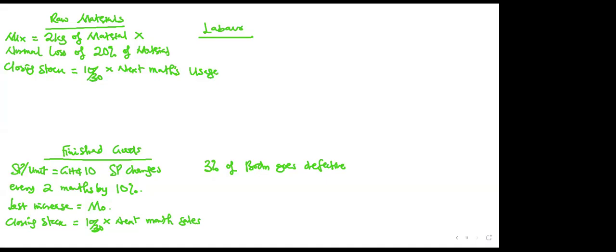That means the material we will use next month, we have to leave what will cover 10 days for this month as closing stock. They are telling you that the materials that we need, we should keep 10 days of next month's usage as our closing stock. Then it says what?